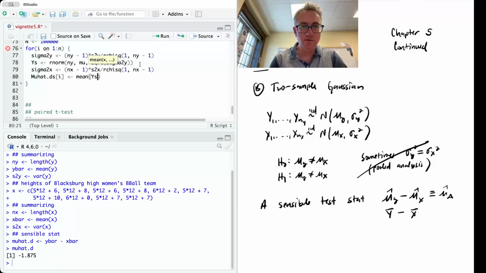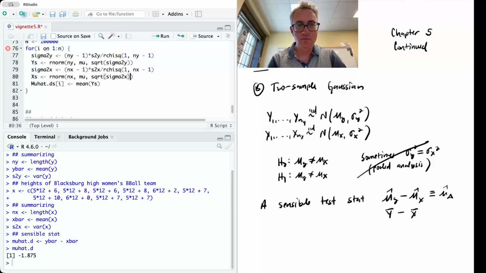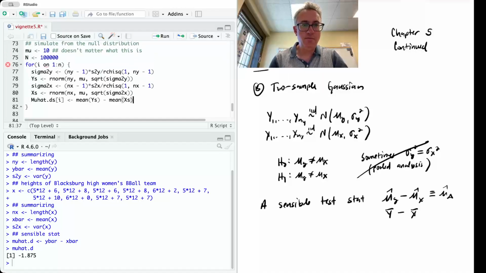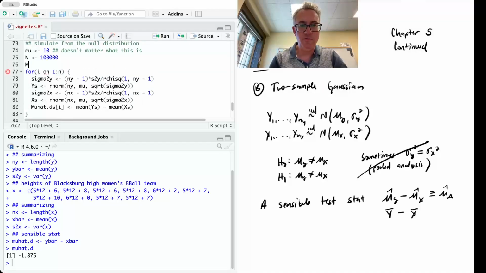Whoops, I forgot to do the R norm. Okay, better make some space for this.